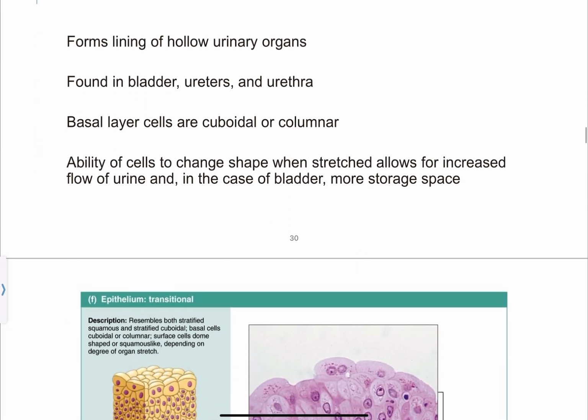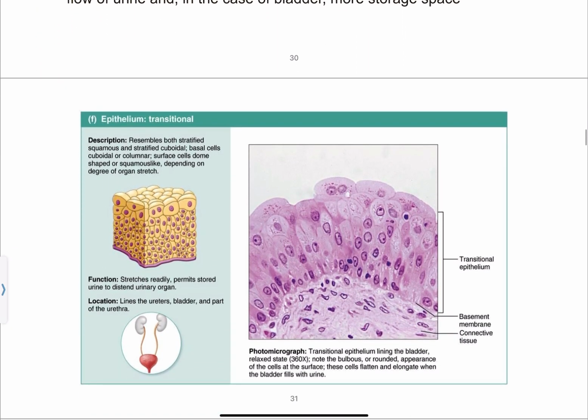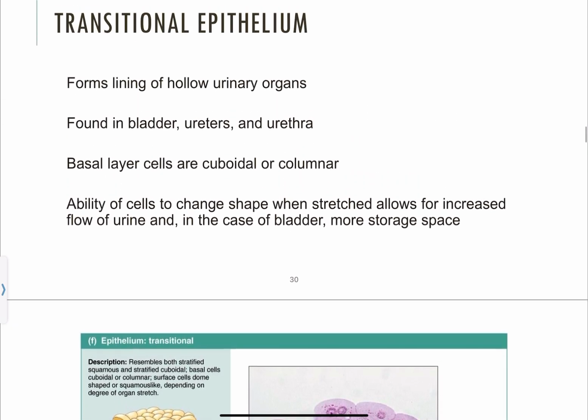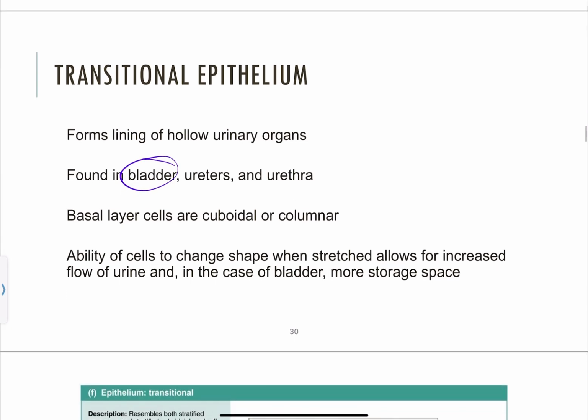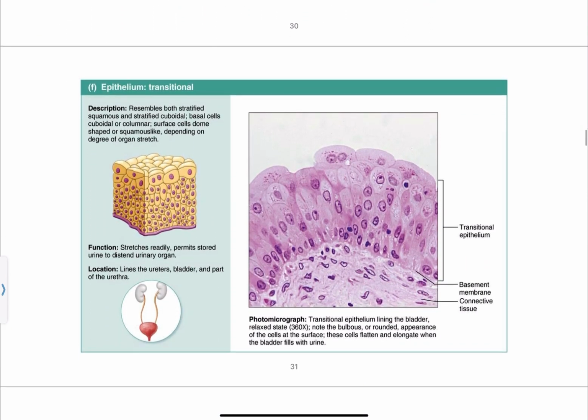The last one's going to be transitional epithelium, and this is typically found in areas where we have a lot of stretch. So for example, your bladder. Your bladder is the main one here. The easiest way to tell this one is it looks like you have a mixture, again, of columnar, possibly some cuboidal.